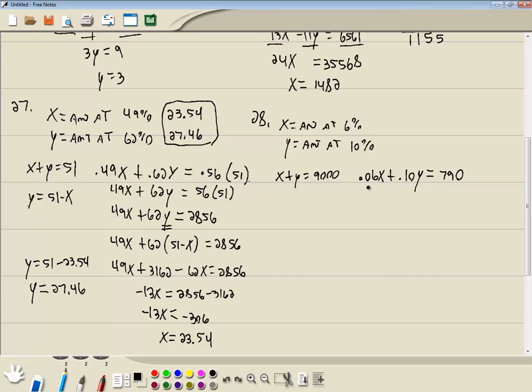Well, I'm going to get rid of these decimals, so I move the two decimal places to the right. So we got 6x plus 10y is equal to 79,000. Everything's divisible by 2. That makes it a little smaller. So we got 3x plus 5y equals 38,500.